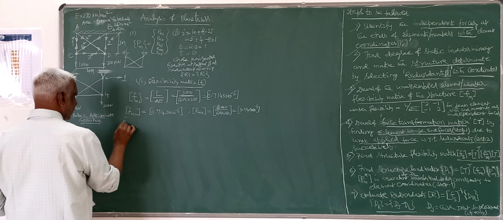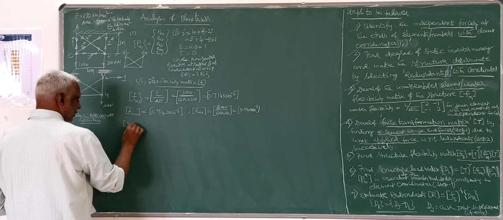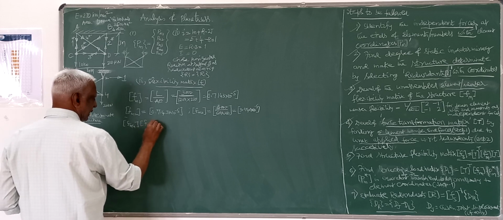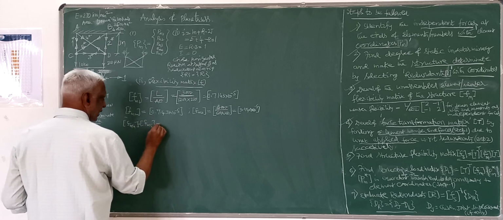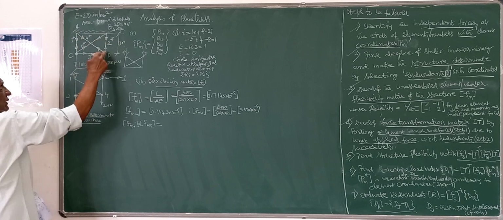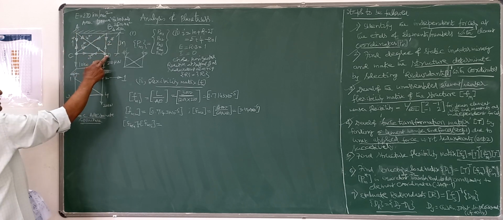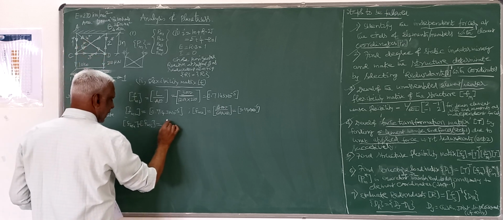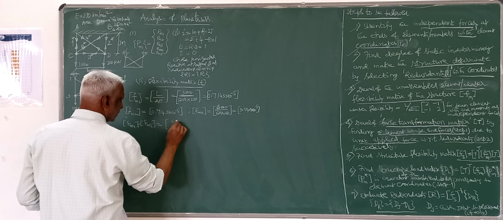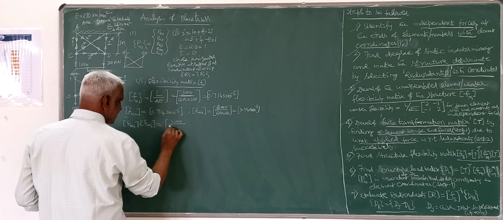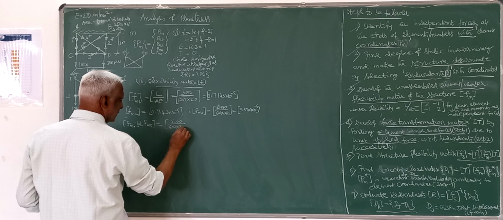Then for other two members, member 4, member 5, that is inclined members, both are equal because they are of length 5 meters. This is 4, this is 3, this is square root of 3 square plus 4 square, that is 5. So that is L by AE is 5000 divided by A is 600, E is 210.